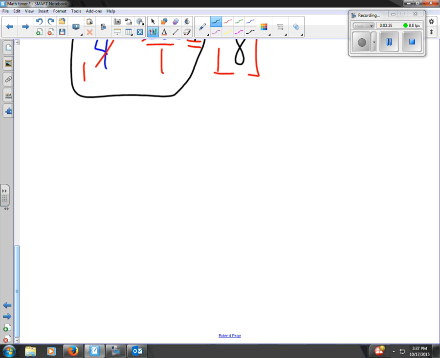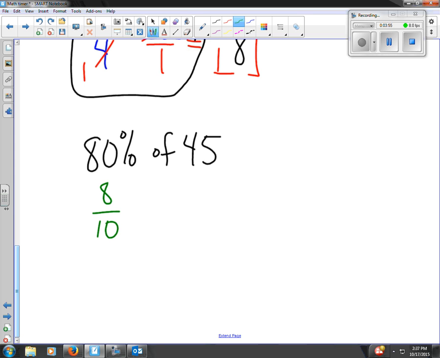Okay, let's try another one. Again, I'm going to do it out so that you get the habit of seeing what you're going to do in your head. So 80% of 45. Again, 80%, if you write it as a fraction, and feel free to look at that list, is 8 over 10, or simplify it even easier, 4/5. Of means multiply, 45.